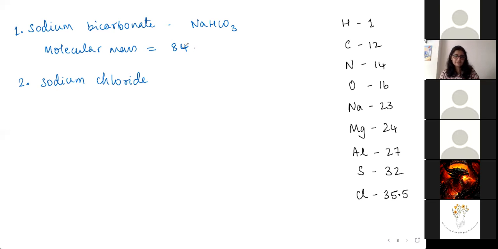Like, how did you get the value 84? You added up sodium ka mass, which is 23, plus hydrogen ka mass, plus carbon ka mass, and 3 atoms of oxygen. Right? ये numbers add किया तुम लोगों ने NaHCO3 के. So are you saying एक oxygen atom का mass है 16 grams?